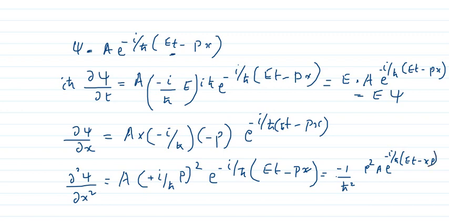Taking minus 1 by h cut square to the left hand side, you will have minus h cut square dou square psi by dou x square is equal to p square psi.